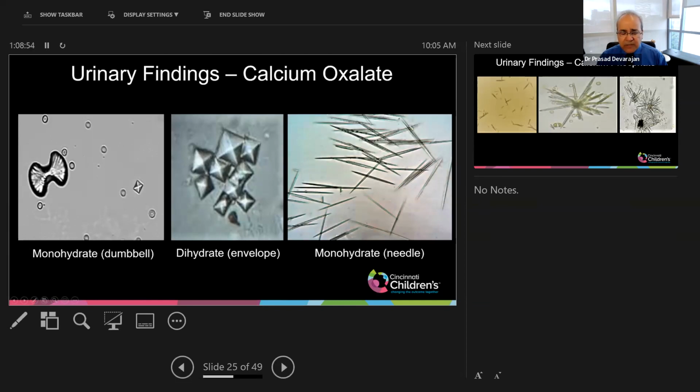And the importance of this is the dihydrate crystals lead to kidney stones that can be easily crushed or are soft, whereas the monohydrate stones are very, very hard. And it's very difficult to treat those stones with things like extracorporeal shockwave lithotripsy. So very important to look at the urine to figure out what the crystals are, and even within calcium oxalate, what type of calcium oxalate crystals.